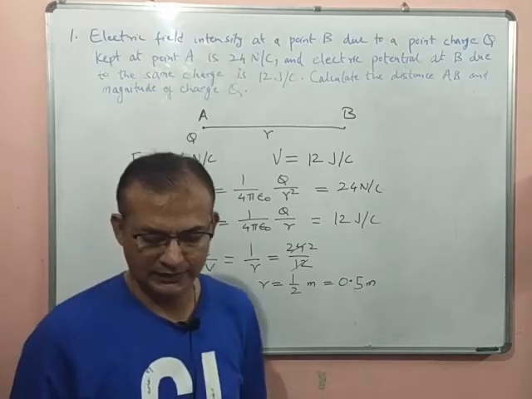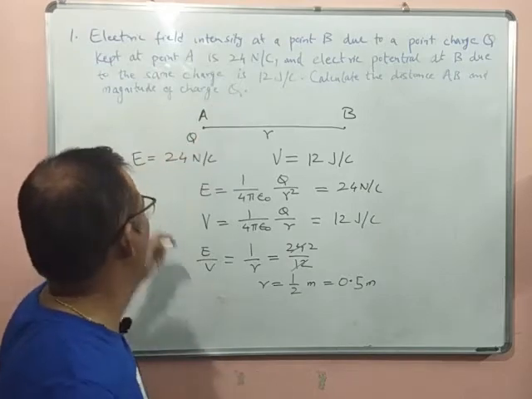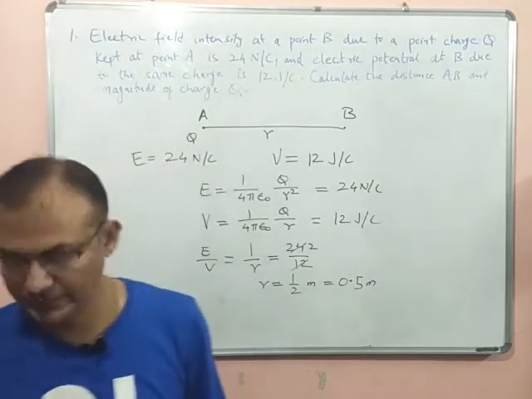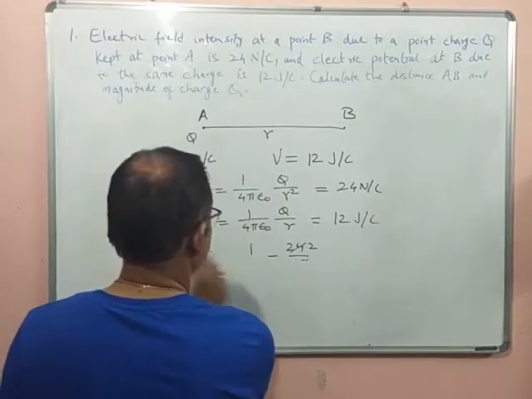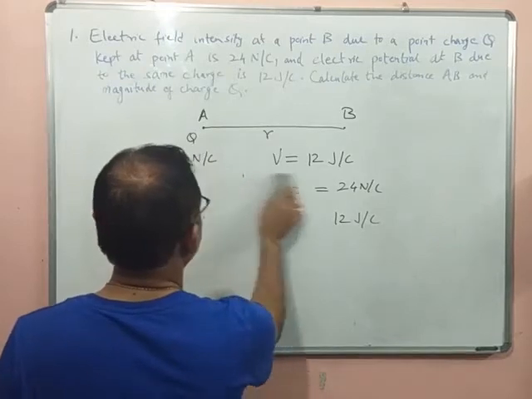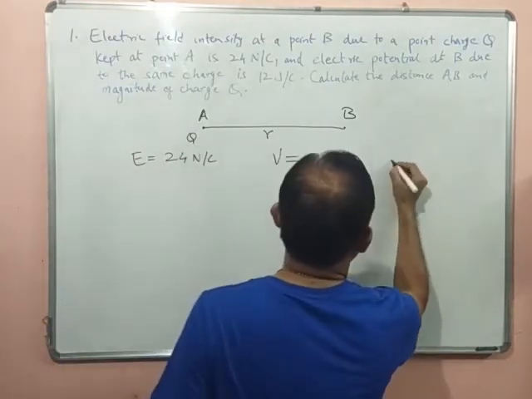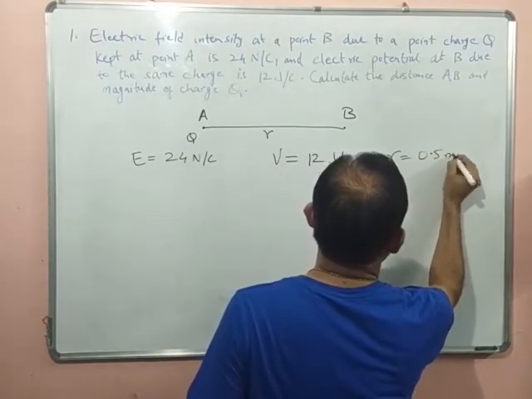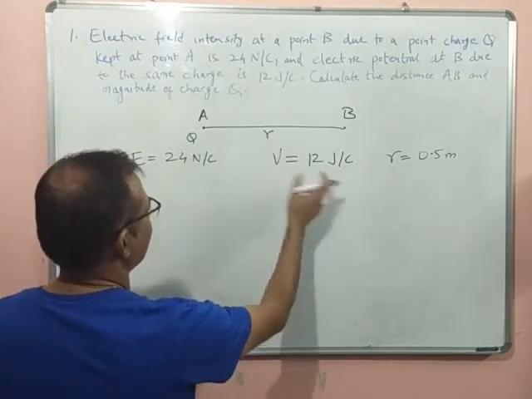Okay. Now going forward, we have to calculate the value of Q. We can calculate it in the second step. What we have found out is R is equal to 0.5 meter. So we will put this value in one of these formulas.